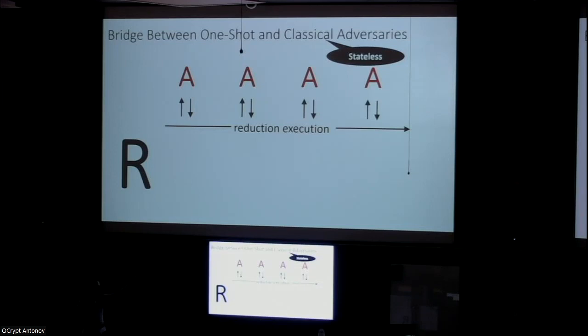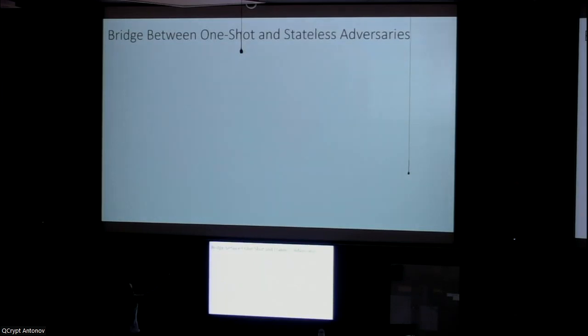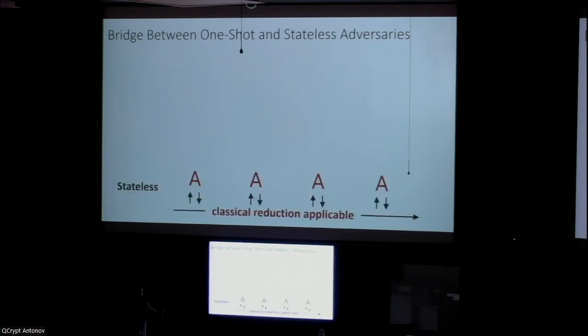However, we need to bridge this gap between our one-shot adversary, which you run once and the state collapses and he's useless, and a stateless adversary that computes the exact same function over and over again. You give him a question, he computes the exact same function each time.